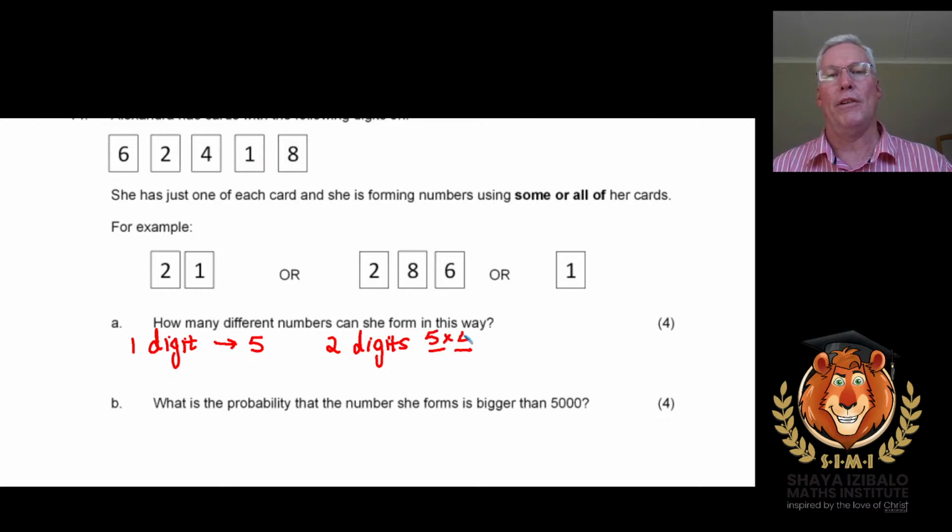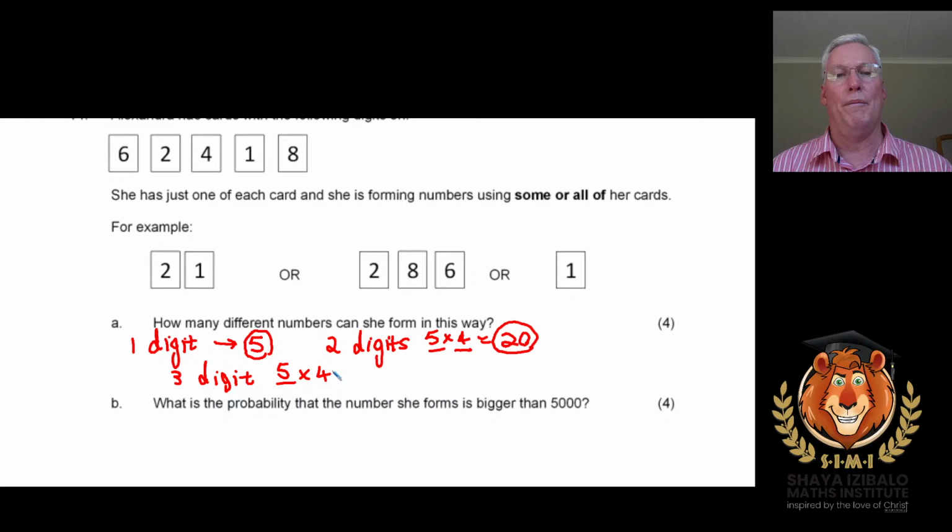And for the second digit? 4. She can make 20 2-digit numbers. If she wants to make 3-digit numbers, she's got a choice of 5 for the first digit, then 4, and then 3. That comes to 60 3-digit numbers.